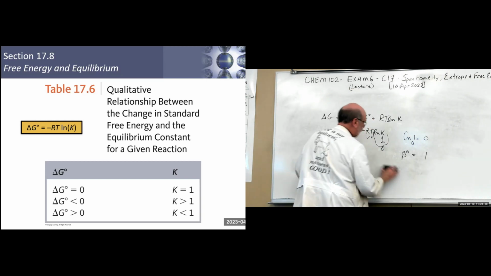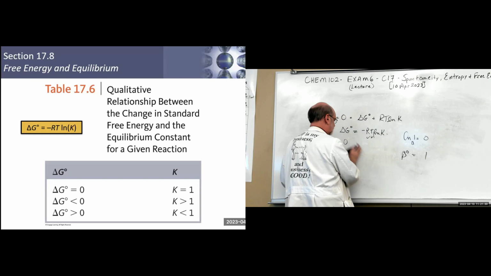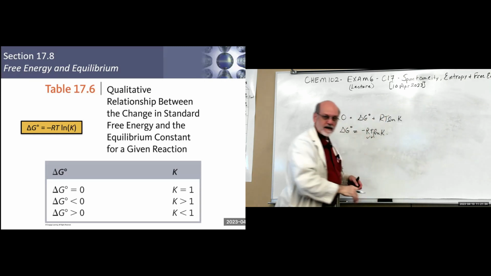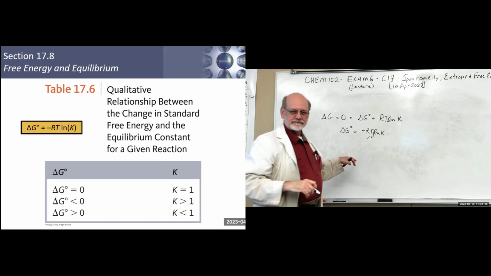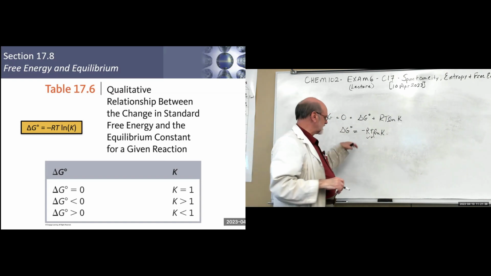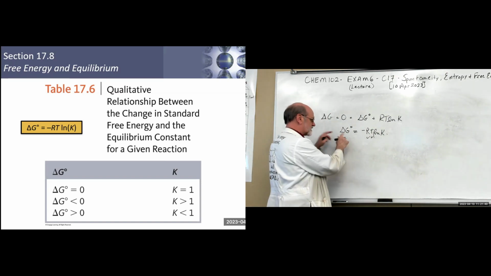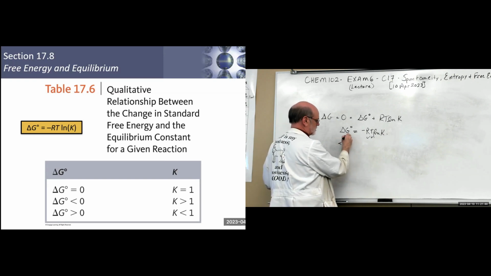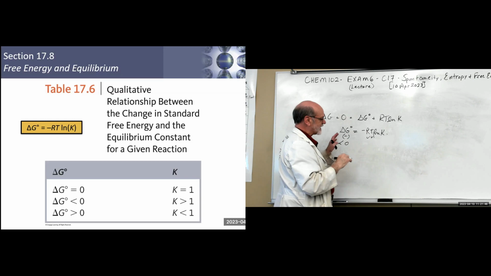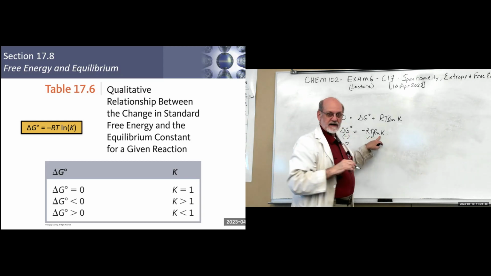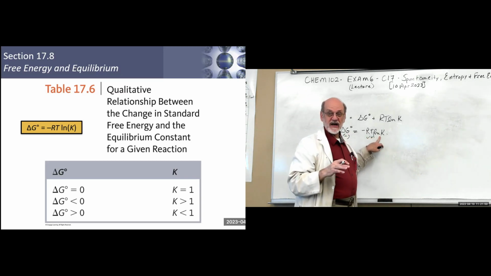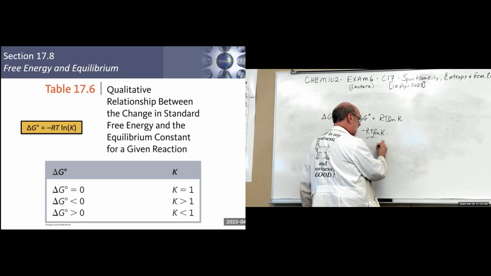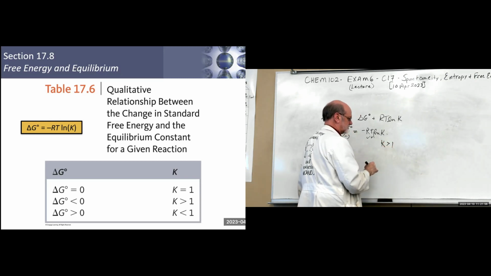All right, so what if delta G0 is less than 0, or negative? If it's negative, then the log of K must be positive. And for that to be true, K has to be greater than 1.